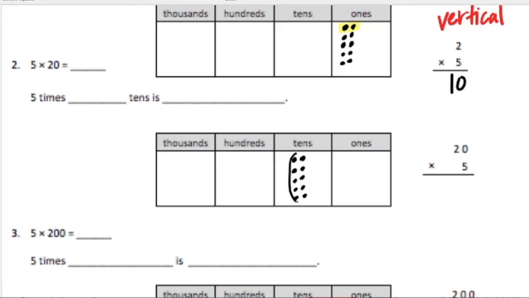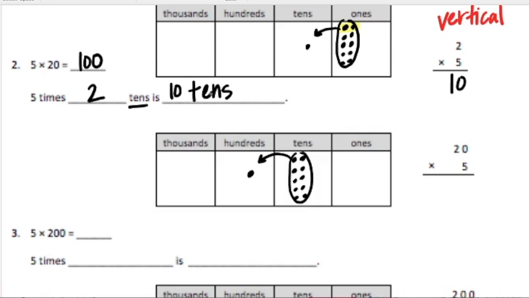I can bundle this. This is all 100, right? I could bundle this too. This is 110. This is 100. 5 times 2 tens is 10 tens, which equals 100. 20 times 5 is 100.